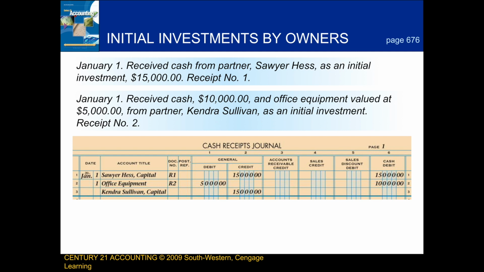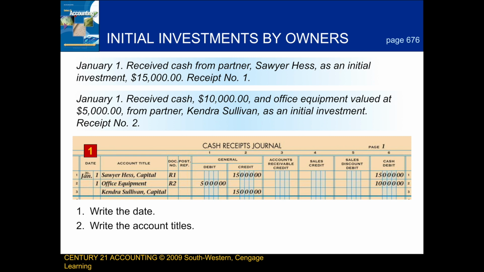When we journalize initial investments by owners, there are multiple steps that we have to follow in order to complete this process. First, we write the date, which is January 1st, in the date column. Next, we write the account titles in the account title column.